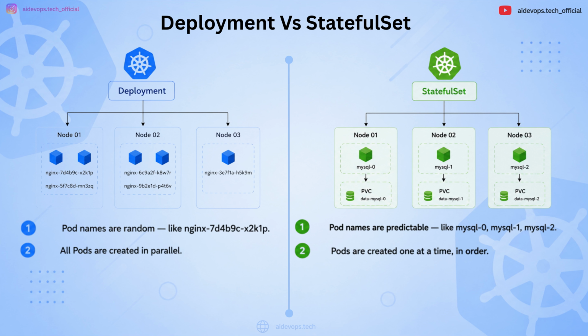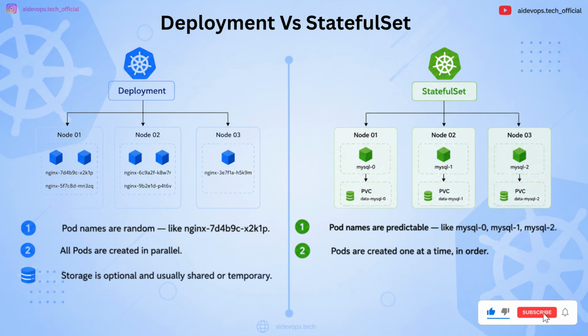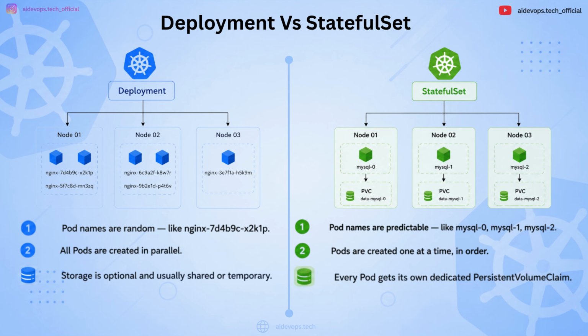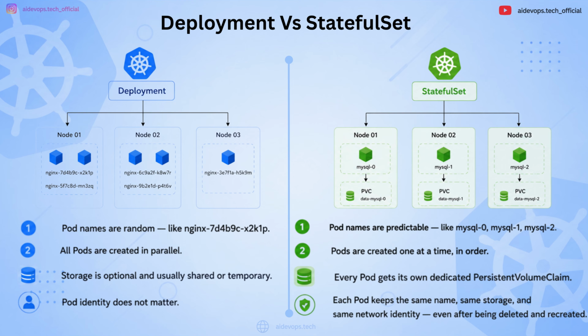But in a StatefulSet, pods are created one at a time, in order. In a Deployment, storage is optional, usually shared or temporary, but in a StatefulSet, every pod gets its own persistent volume claim. In a Deployment, pod identity does not matter, but in a StatefulSet, each pod keeps the same name, same storage, same network identity even after being deleted or recreated.